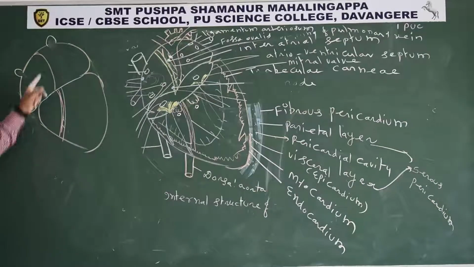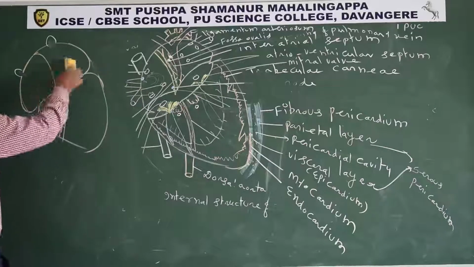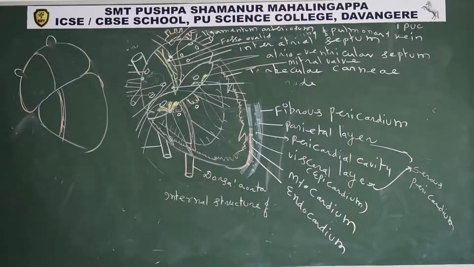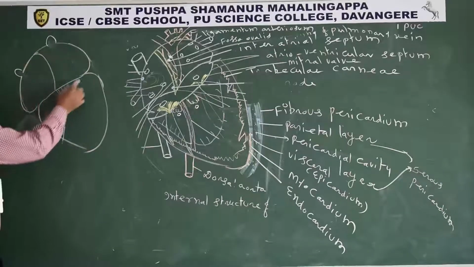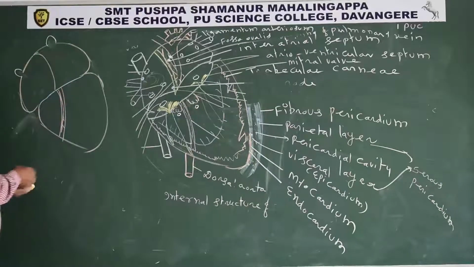Four-chambered heart, two atria, two ventricles. Right atrium is bigger than left atrium. Atria and ventricles are externally separated by the coronary sulcus.